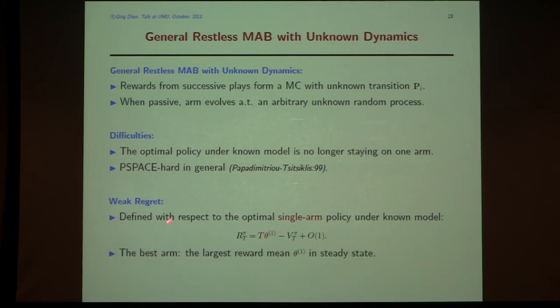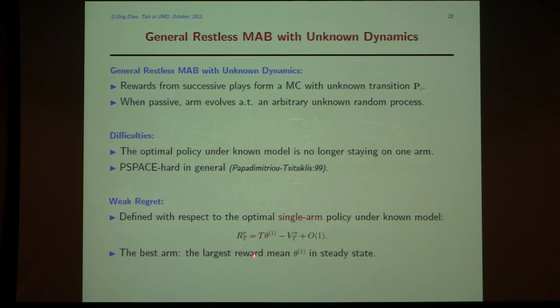We consider a weaker definition of the regret. We are comparing with the case of the optimal single-arm policy and the known model. That means you know the models and you are restricting yourself to playing only one arm all the time. Then there is one particular arm that will be the best when you always play it. So that's the one we want to approach.